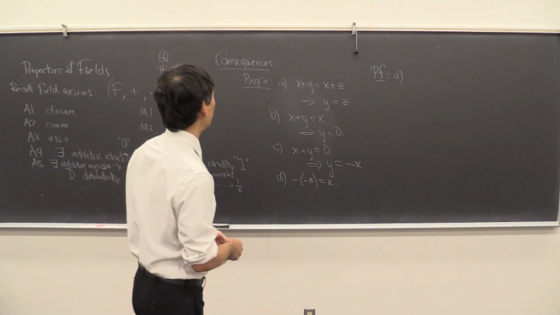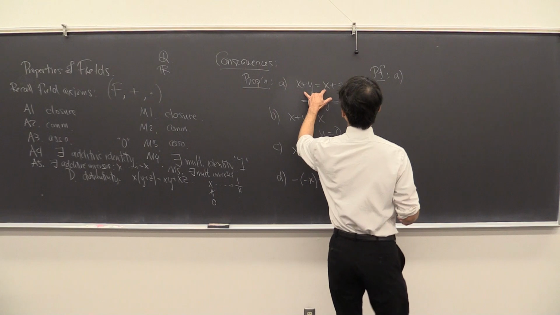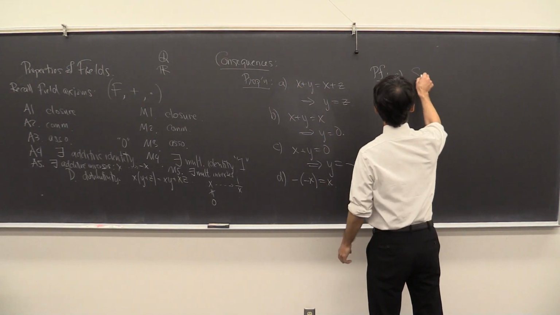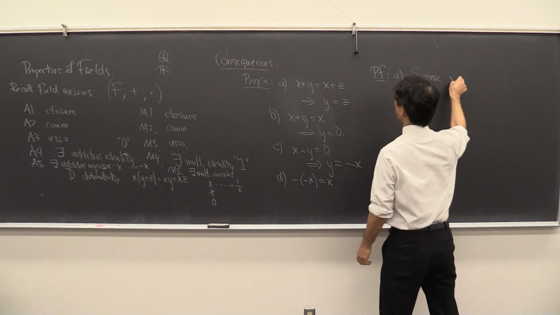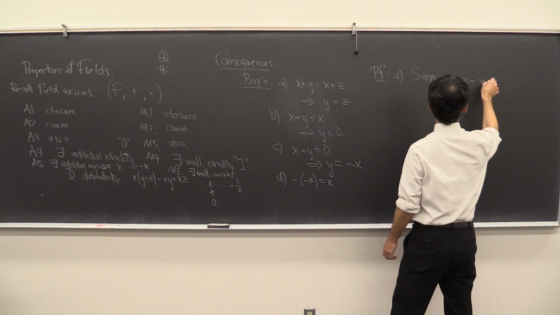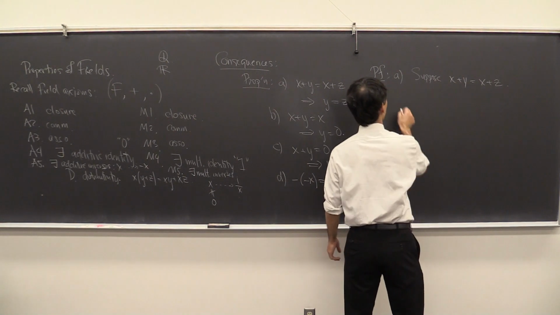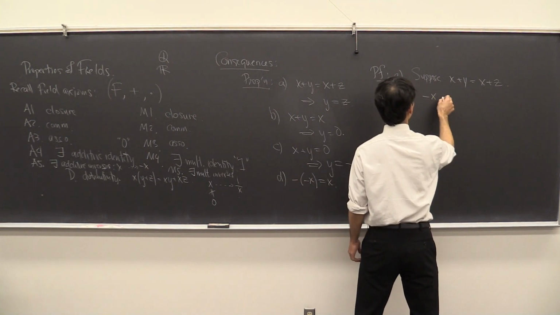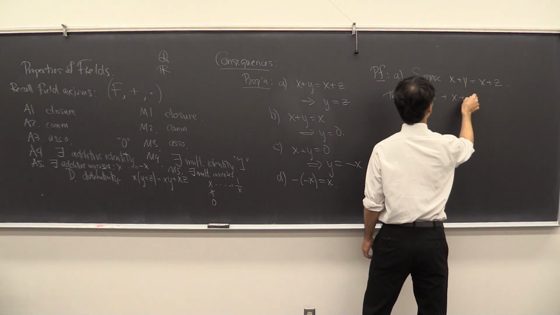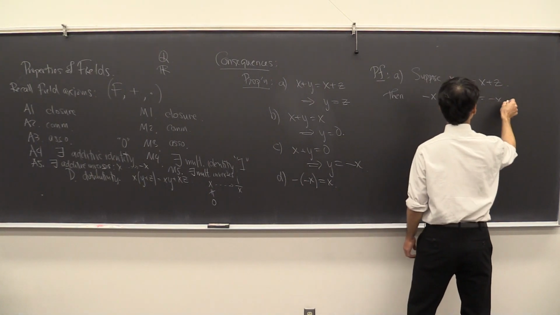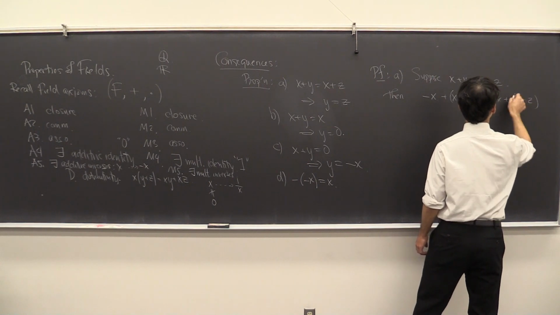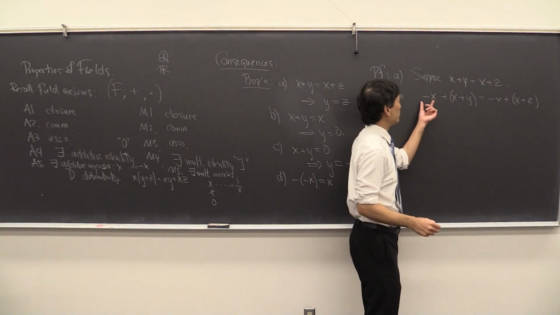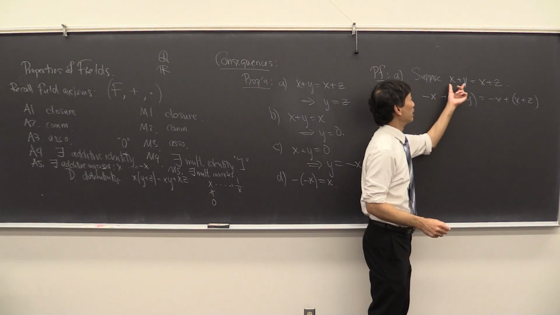So here's the first one. You want to show that cancellation is possible. Suppose x plus y equals x plus z. Then negative x plus the left side equals negative x plus the right side, because you're adding the same thing to the same thing.